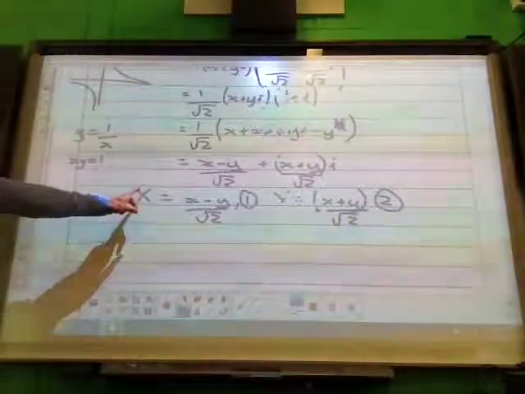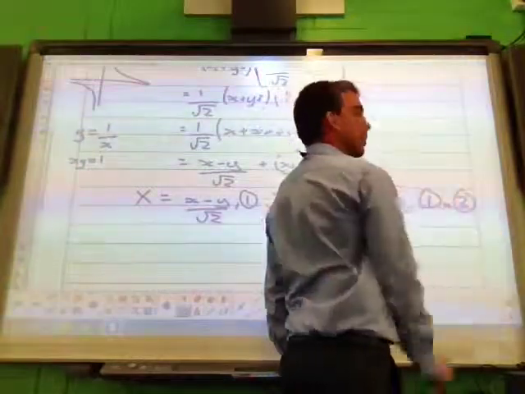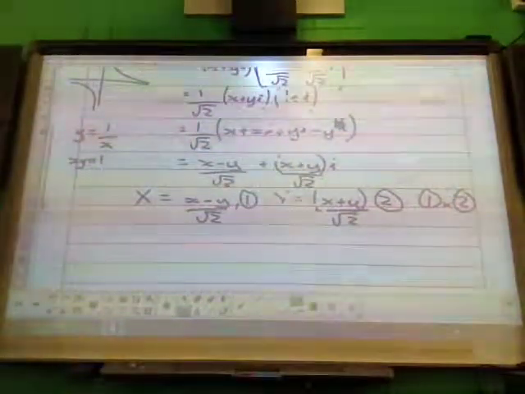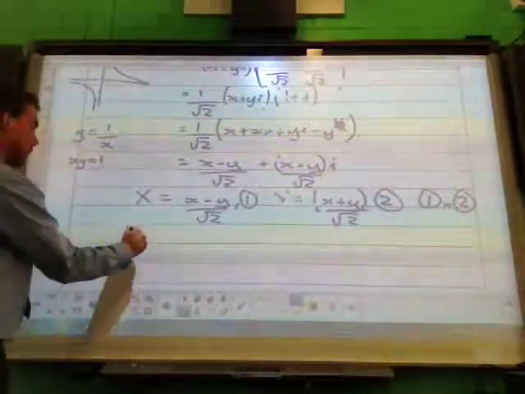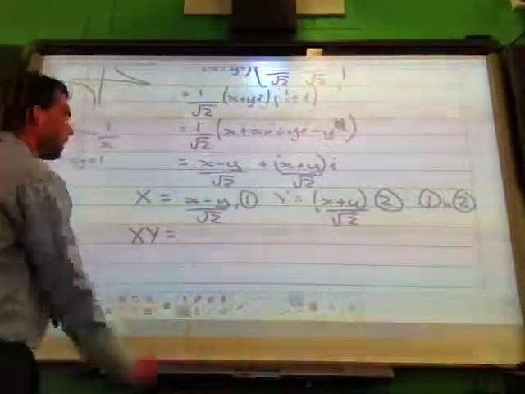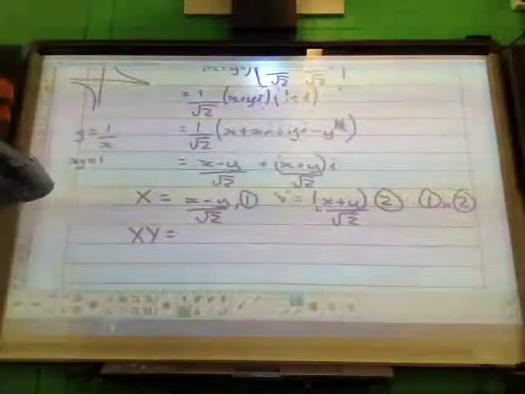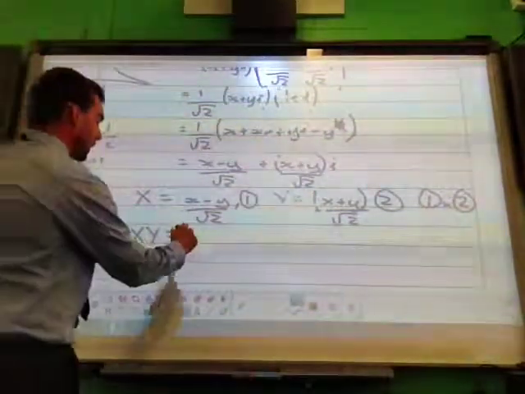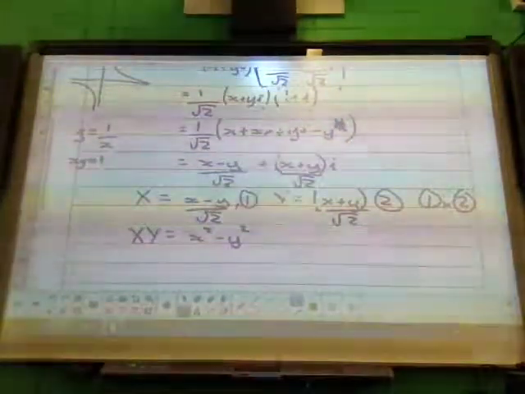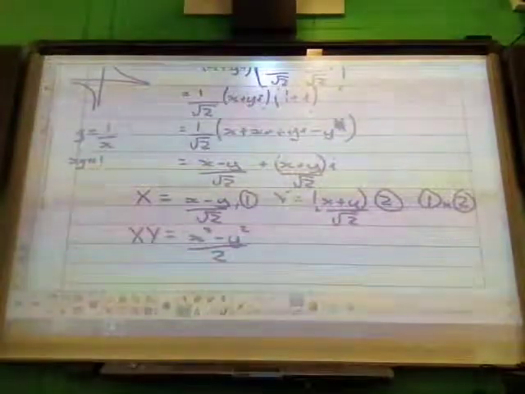So that's what I'm going to do here: multiply capital X, capital Y. So I've got x take away y, x plus y. The difference of two squares is going to be on the numerator, so x squared take away y squared, and then root 2 times root 2, which is 2, on the denominator.